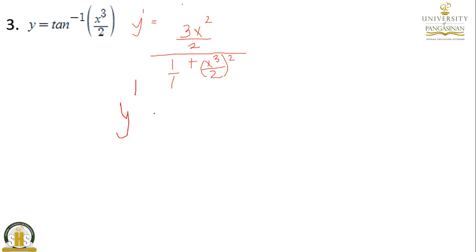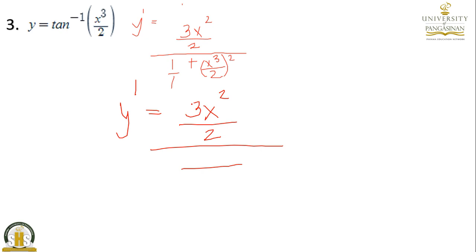So, y prime is equivalent to 3x squared all over 2. Tapos, what is the denominator, I mean, what is the LCD if you have 1 all over 1 plus x cube all over 2? What is the LCD of 1 plus x cube all over 2?